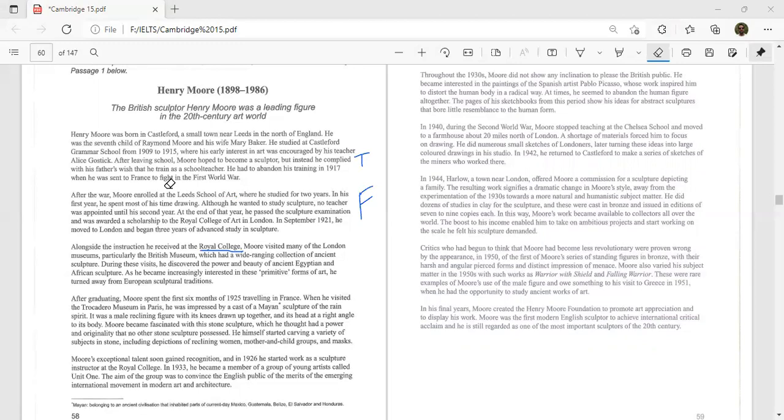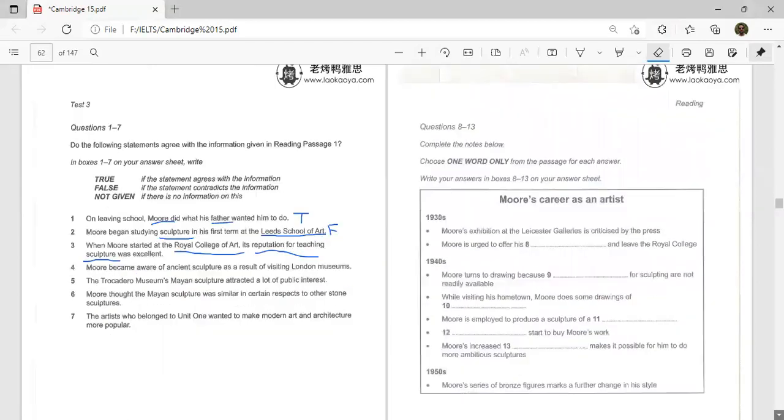As he became increasingly interested in these primitive forms of art, he turned away from European sculpture traditions. Can I show the question again, sir? When Moore started at the Royal College of Art, its reputation for teaching sculpture was excellent.